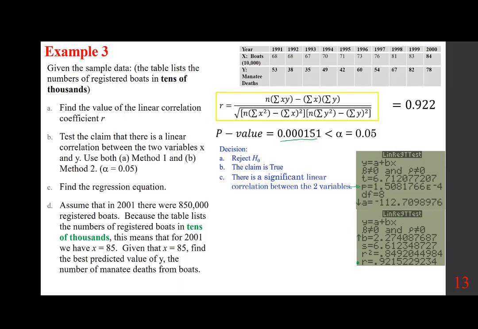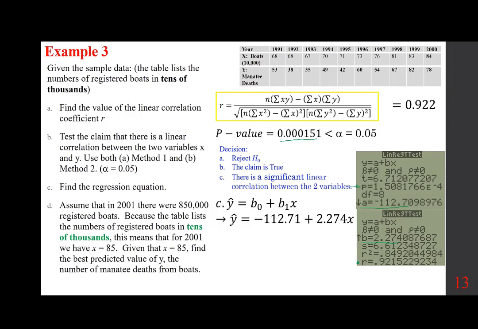Again, using technology, we can easily come up with the answer. Now, what about the regression equation? Take a look. A and B are given. Just plug in: y hat equals a plus bx, so y hat is negative 112.71 plus 2.274 x. We're using the technology.